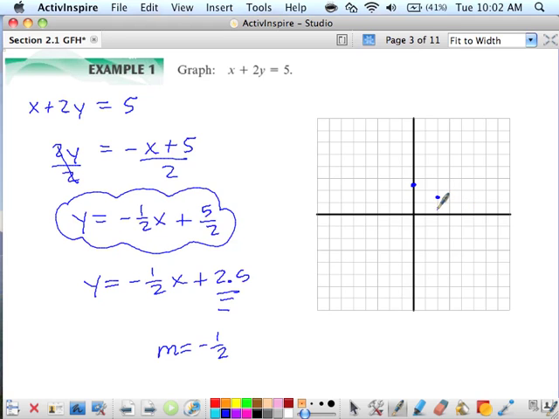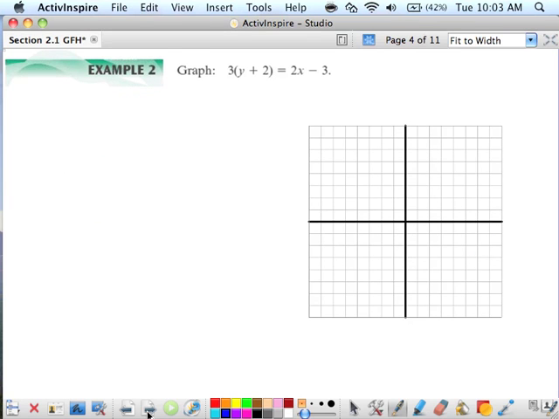Down 1, to the right 2, until we establish a good pattern and we can connect the dots in a solid line. There's the graph of x plus 2y equals 5. If you had graphed it any of the other ways, you would have gotten the same line. You just might have had different dots to guide you, but it would have been the same line in the end.